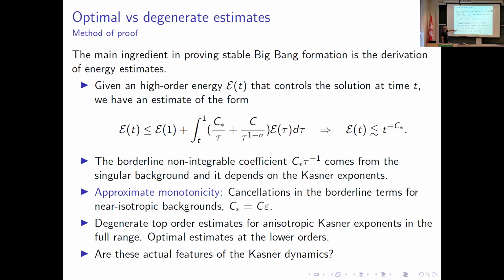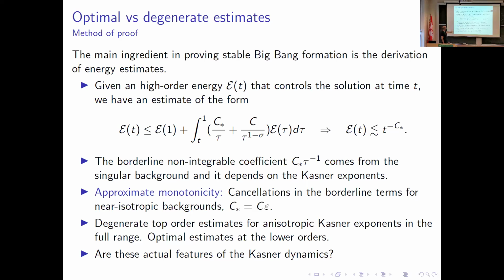And then the optimal estimate, at least for the second fundamental form, the key variables that you need to control, are recovered at the very lower orders. I think this was inspired by Christodoulou's work on shocks, which also had this kind of degenerate top order estimates. Anyway, these are the two approaches as far as the energy estimates are concerned.